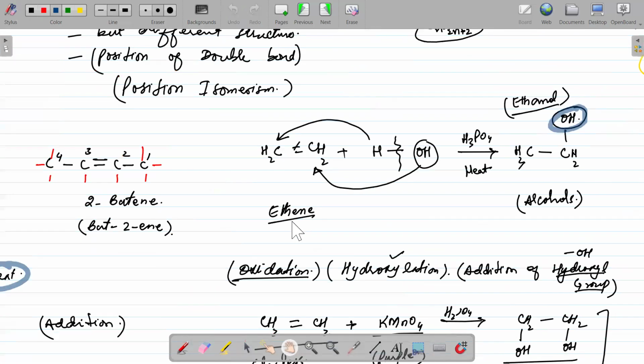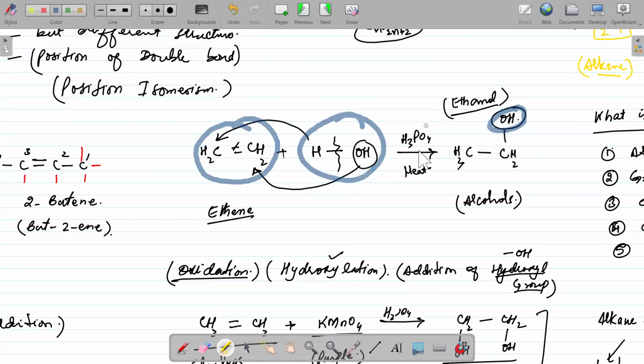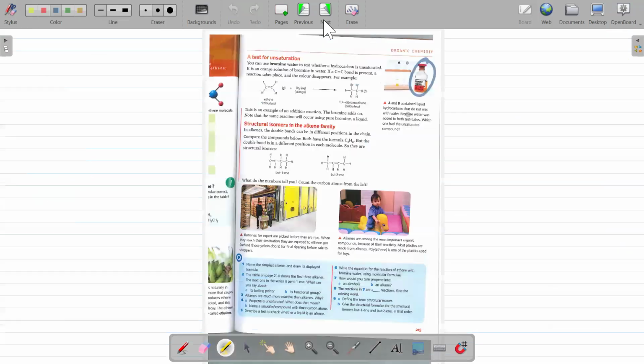Ethene reacts with water in the presence of a catalyst and heat. One of the double bonds breaks, and hydrogen goes to one carbon, OH goes to the other carbon. Is it clear? Yes. Okay, now let's see what's next.